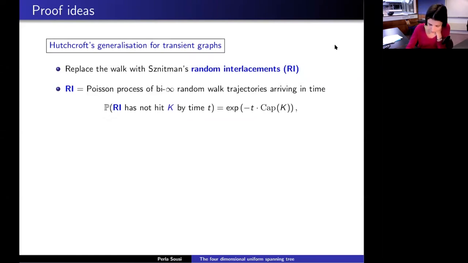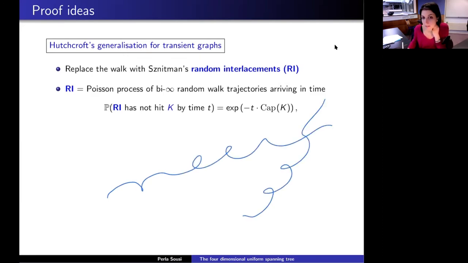So, as I said, random interlacements is a Poisson process. So you have bi-infinite random walk trajectories that arrive in time. And so it's a Poisson process on the space of trajectories times time. And in order to define the intensity for the time component, we just take the Lebesgue measure. And one has to define the intensity for the bi-infinite trajectories.